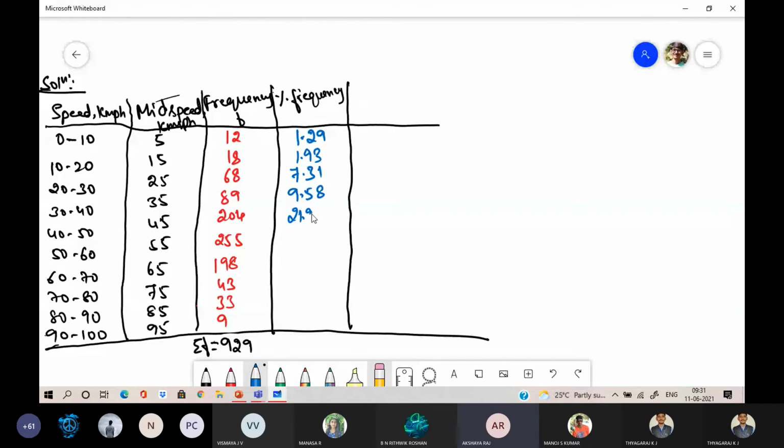204 into 100 divided by 929: 21.95. 255 divided by 929 into 100: 27.40. Then 198 divided by 929 into 100: 21.31. Then 43 divided by 929 into 100: 4.62. 33 divided by 929 into 100: 3.55.